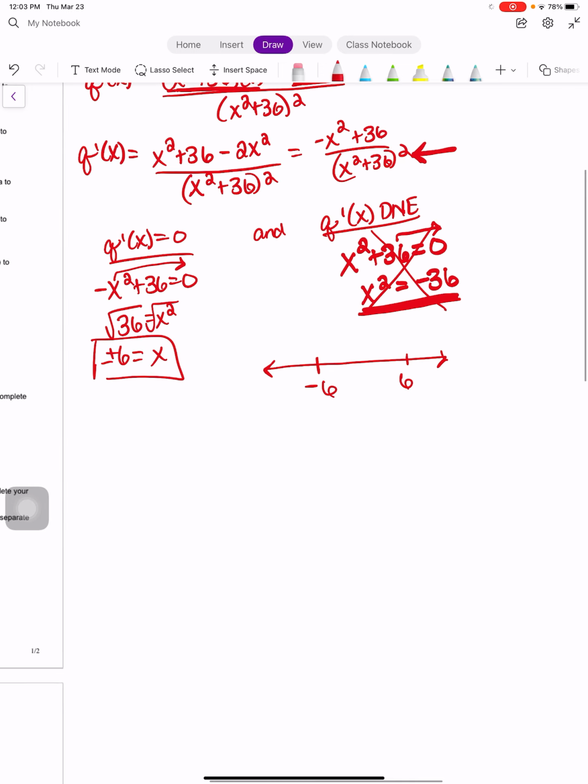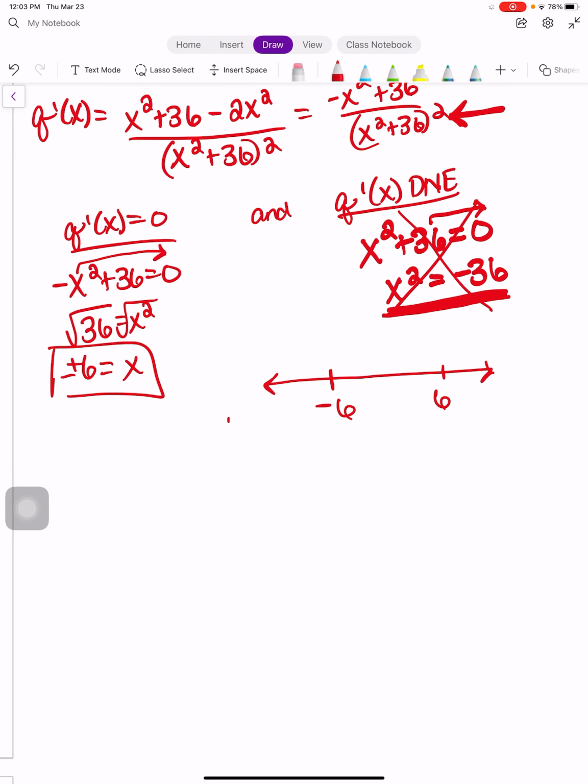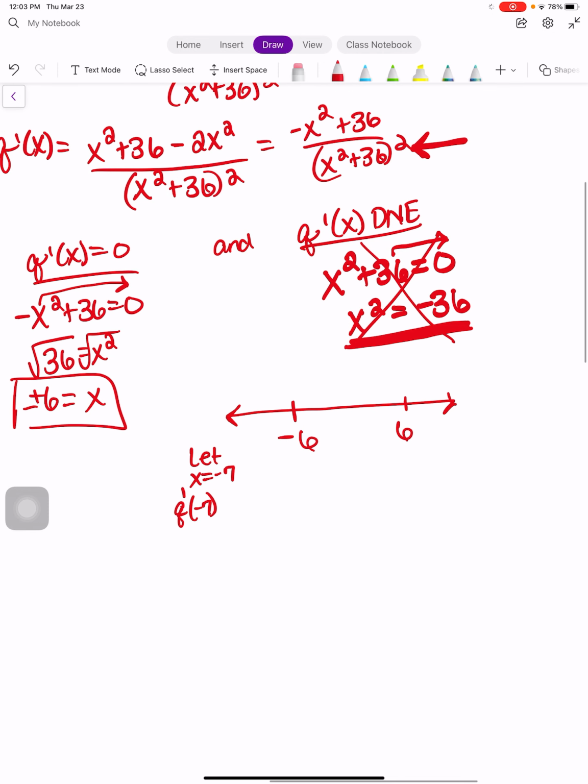For example, I would first need to pick a number that is less than negative 6. And so I might let x be equal to negative 7. So we would substitute that negative 7 into our first derivative.